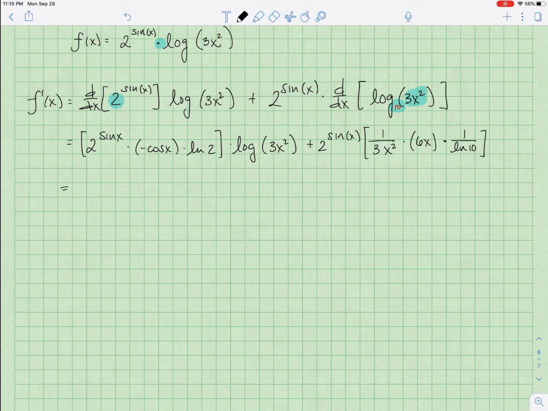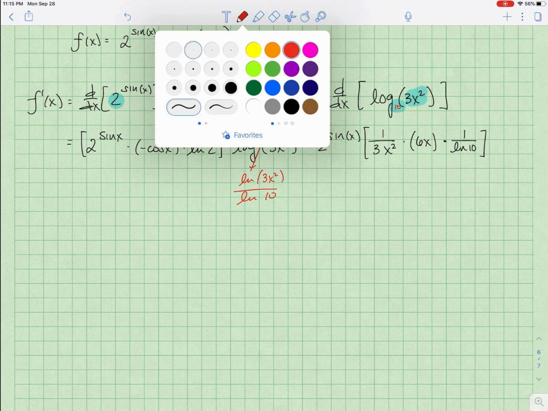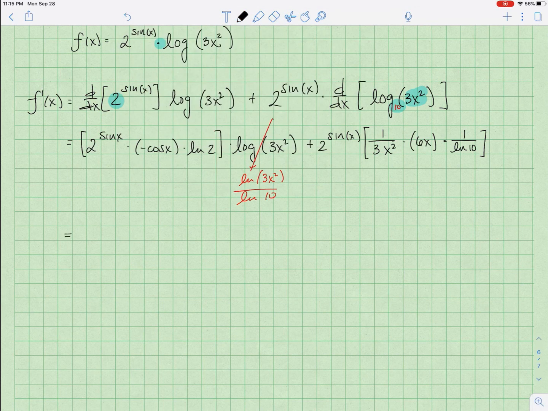So cleaning this up, it's a monstrosity. Let's see, maybe we have all these natural logs in here. Maybe we should rewrite this using a change of base formula. Let's do that, actually. This is the natural log of 3x squared over the natural log of 10, which means that both terms have that as a common factor. So let's factor that out.